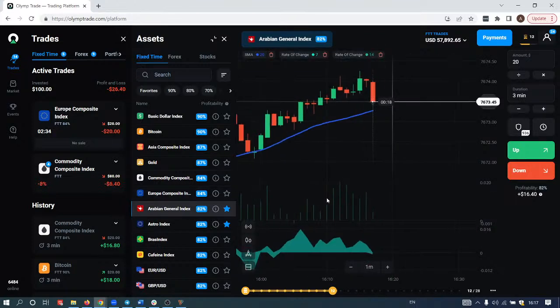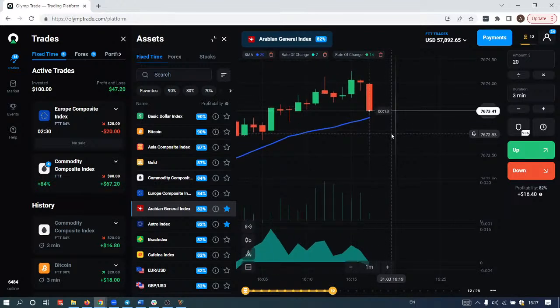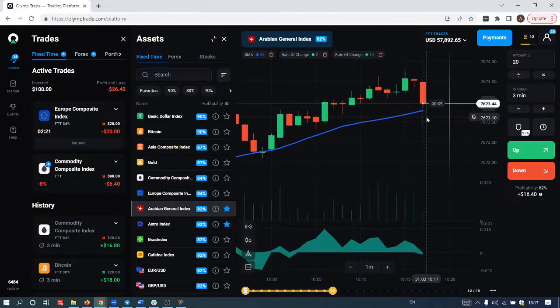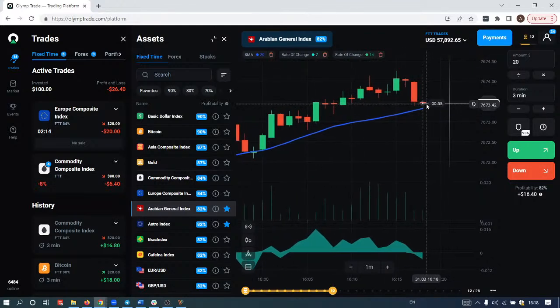All right, Arabian General Index. Now, this is a very interesting example here, and I maybe want to draw your attention to this case a little bit more. So on the one hand, this looks like an up signal because price is trading above the 20 SMA.